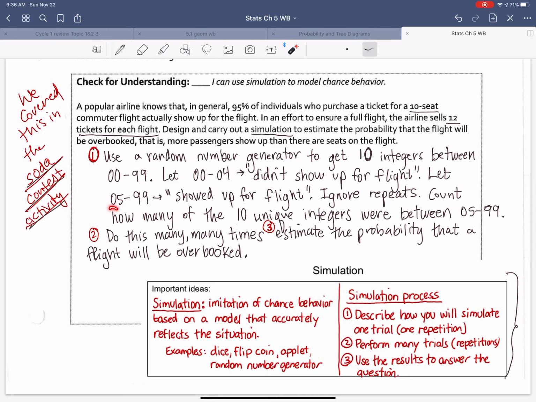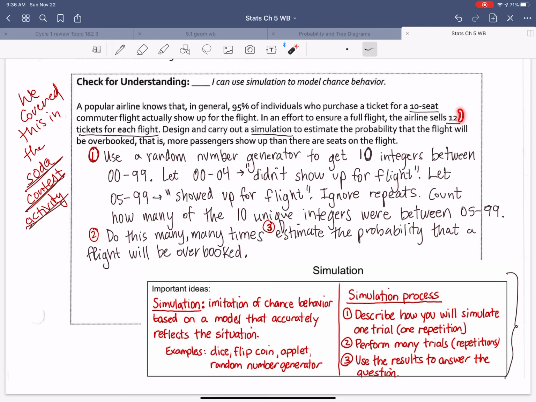Then I let the remaining numbers, 05 to 99, represent showed up for the flight. I'll need to ignore repeats, and then count how many of the 10 unique integers were between 05 and 99. Hold on, let me think about this here.